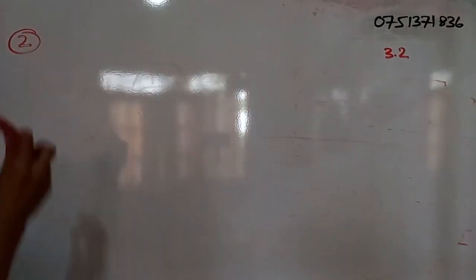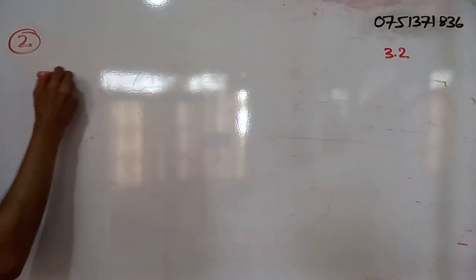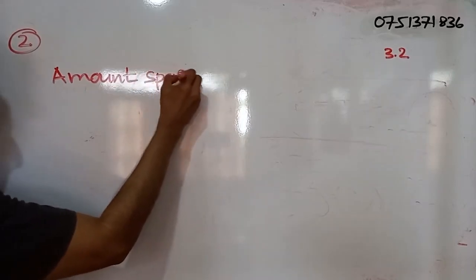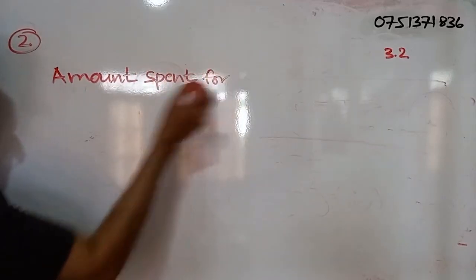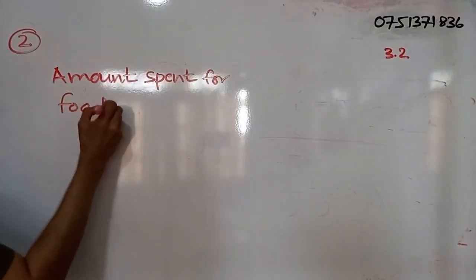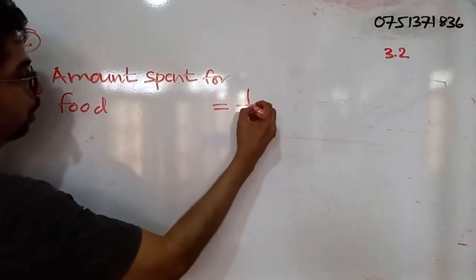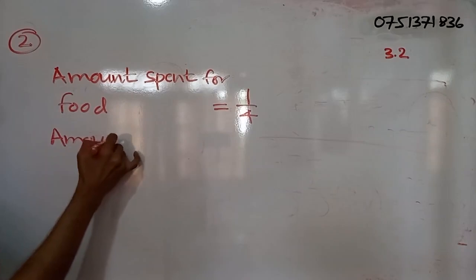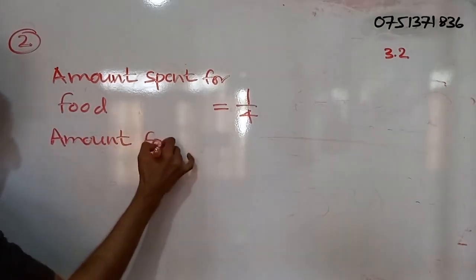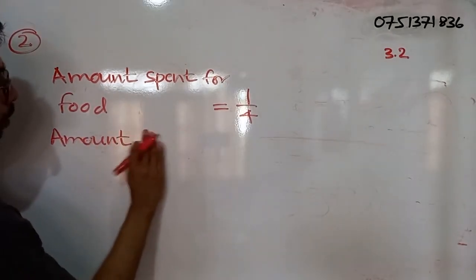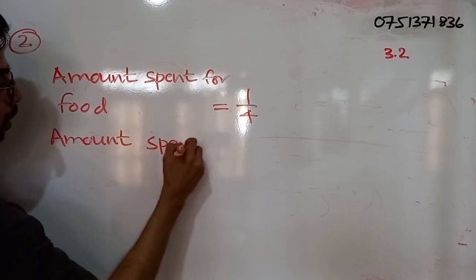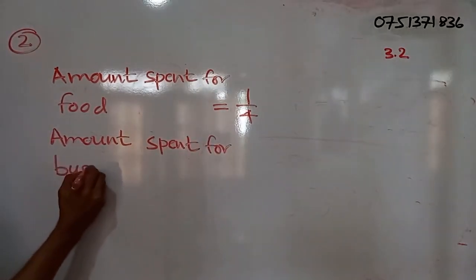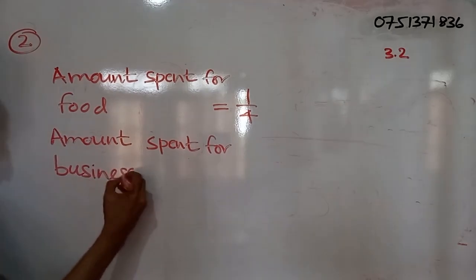Right. So amount spent for food, that is what? 1 by 4. Amount spent for business.